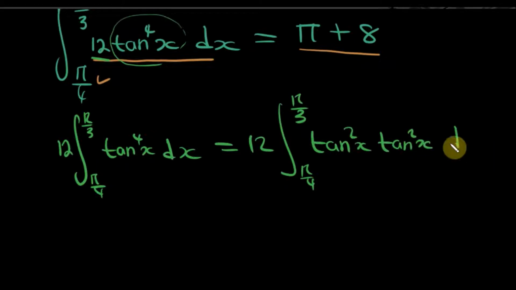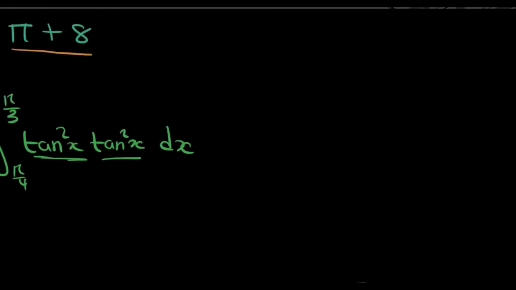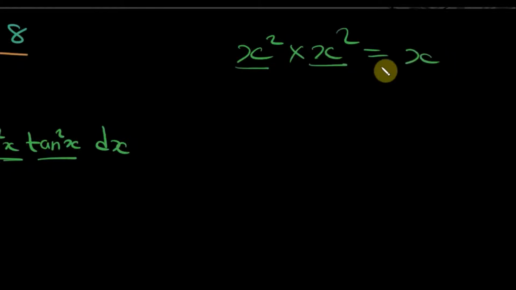The reason why we can do this is because, from algebra, we know that if we have x to the power 2 multiplied by x to the power 2, the bases are the same, therefore we just write the base as it is and add the powers, 2 plus 2, so that gives us x to the power 4.